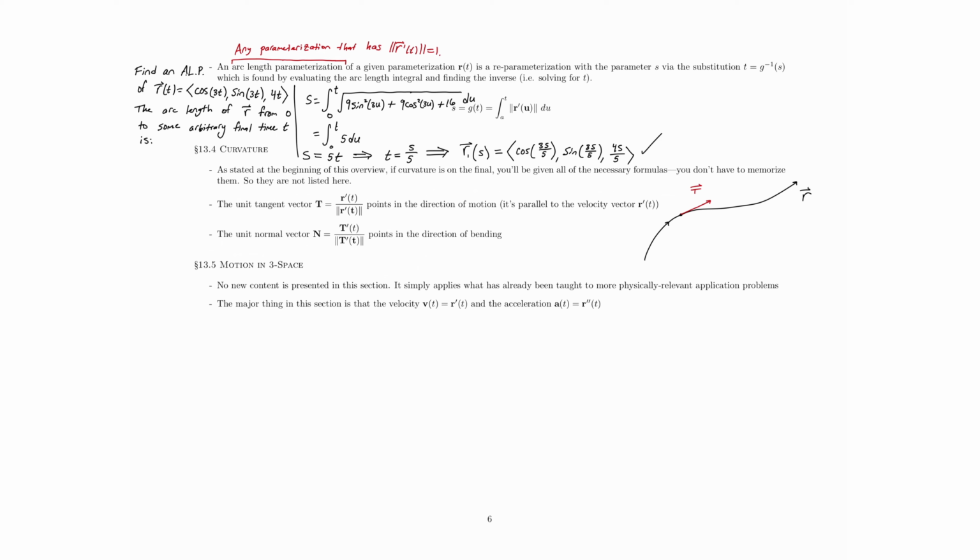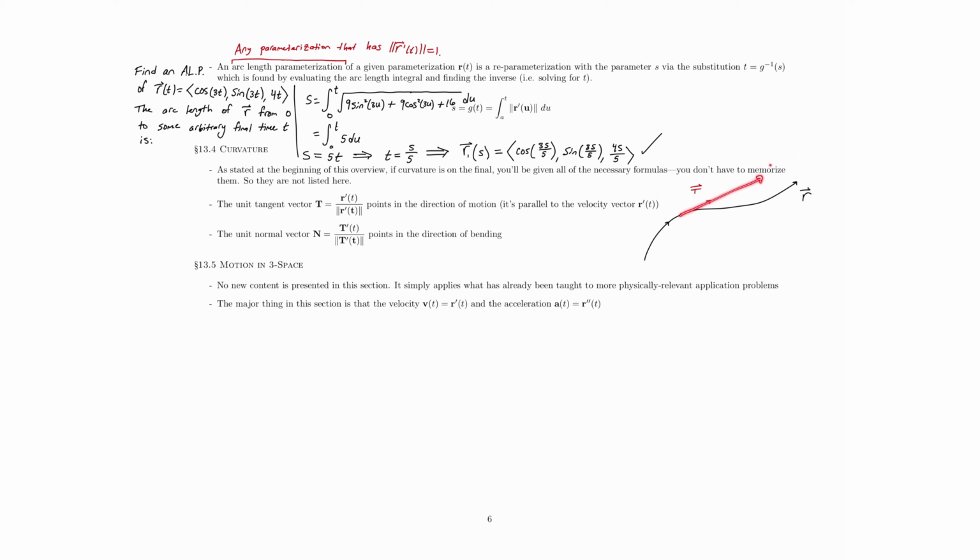And remember that your r prime is your velocity vector. That could be really long, right? If you're going really fast at this moment in time, then r prime would be very long. If you're going very slow, maybe the vector is very small. So regardless of the length of the vector, they're all pointing in this direction, but the length has to do with what your actual speed is.